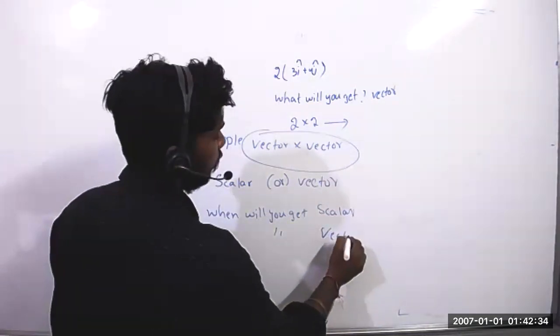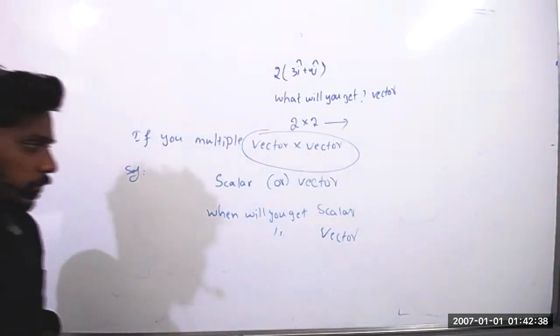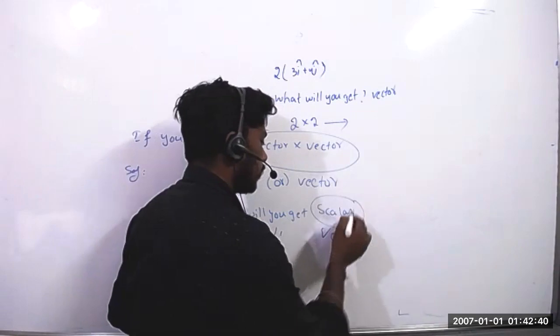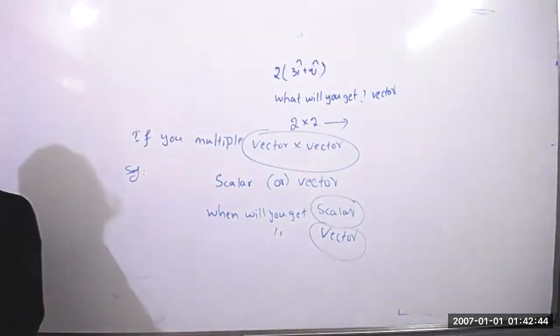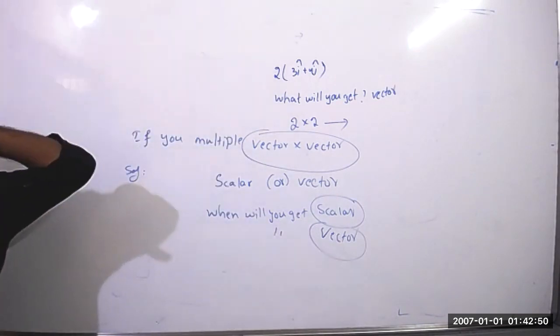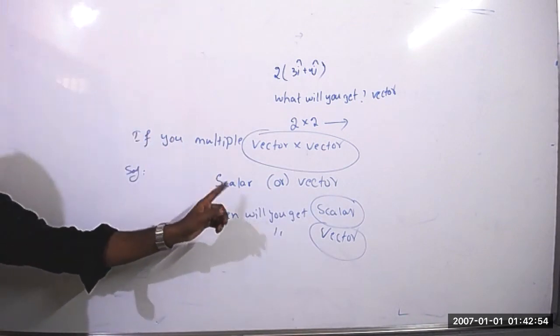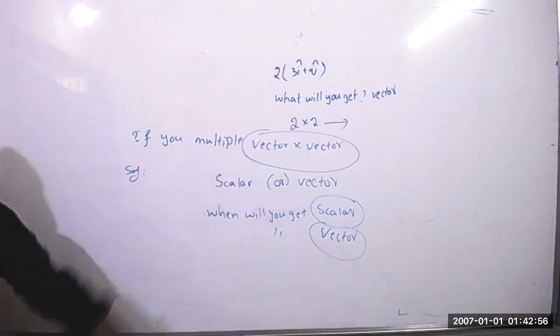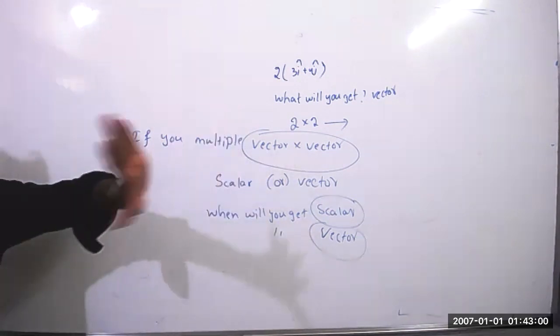That is what we are going to learn in the next class. First we will learn scalar, then vector. If I complete these two, that is enough. More than that, I don't go. Am I clear on everything I said?